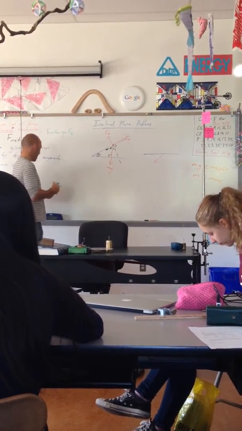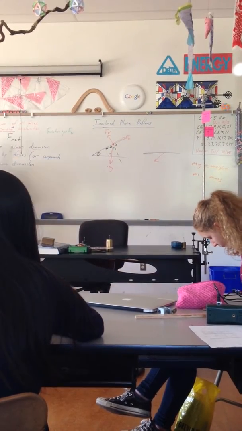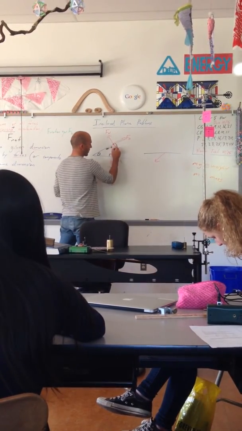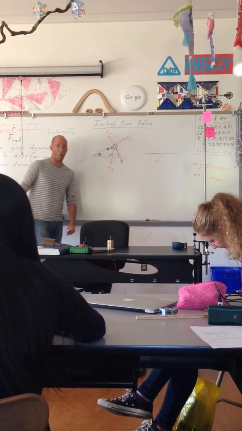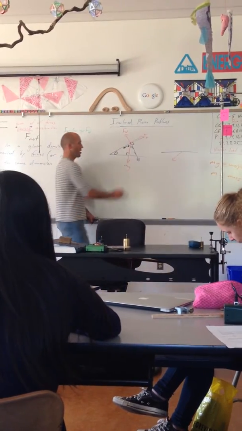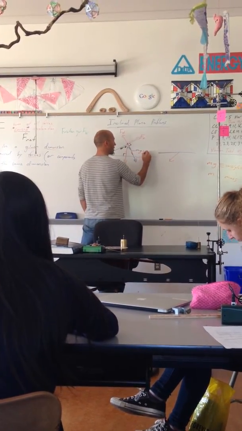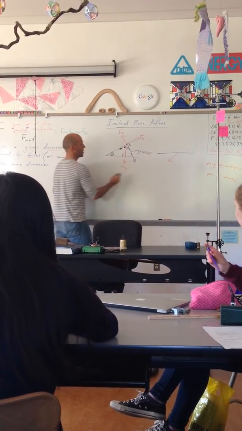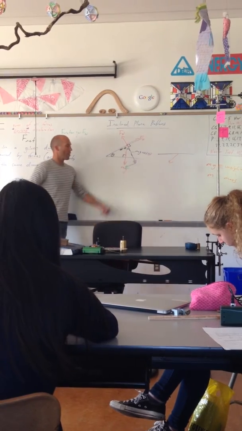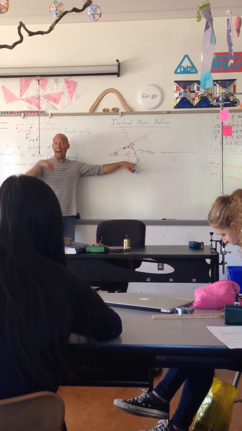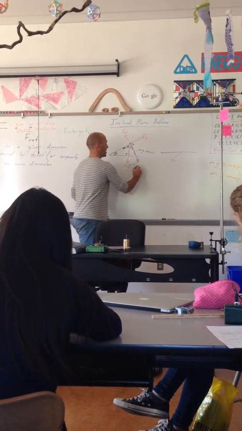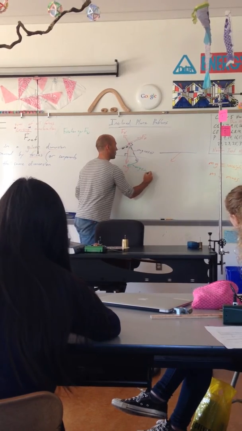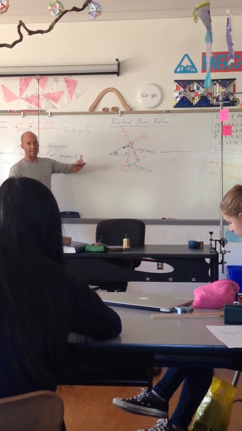I now can say that the component of my weight perpendicular to the hill is mg cosine theta. And I likewise can say that the component of my weight down the hill is mg sine theta. Now, that's a little geometry.